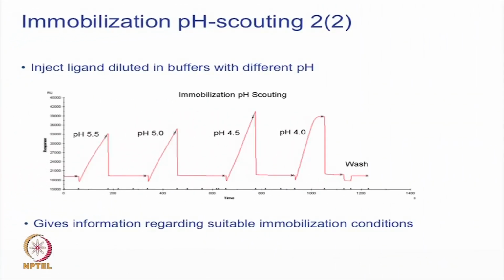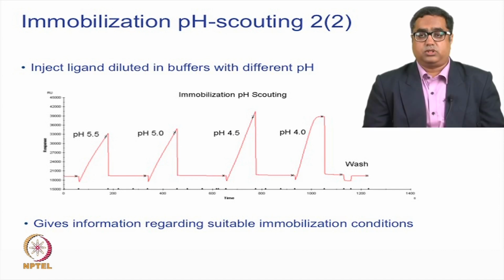Sometimes we are not aware of the pI, because the molecule is a new molecule that is just recombinantly expressed, and we do not know its isoelectric point. In that case we go for an immobilization pH scouting, in which we dissolve the protein at different pH values and pass them over the surface of the chip to see what responses come from the molecule.